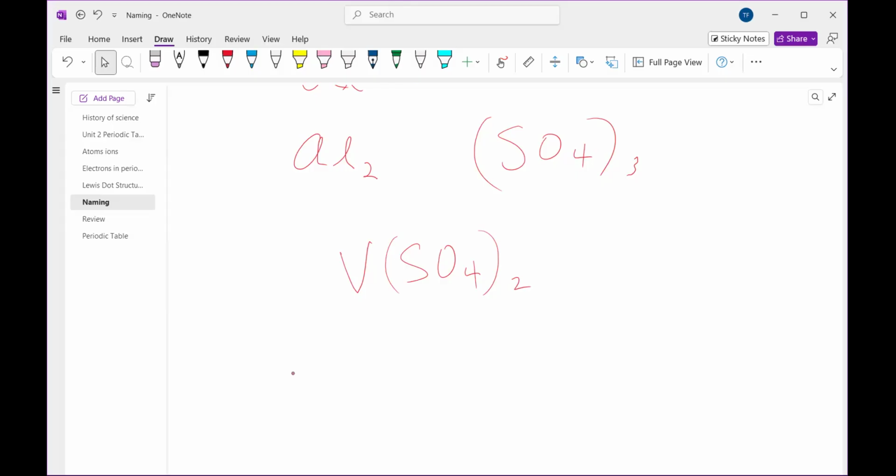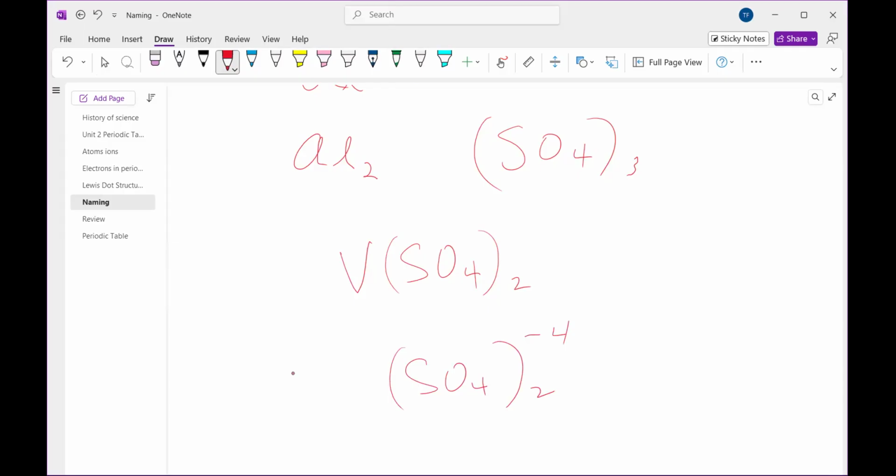Well, what about sulfate? Are there multiple versions of sulfate? One version of sulfate, SO4, one version only. So what's the charge on 2 SO4s? That's right, -4, exactly.